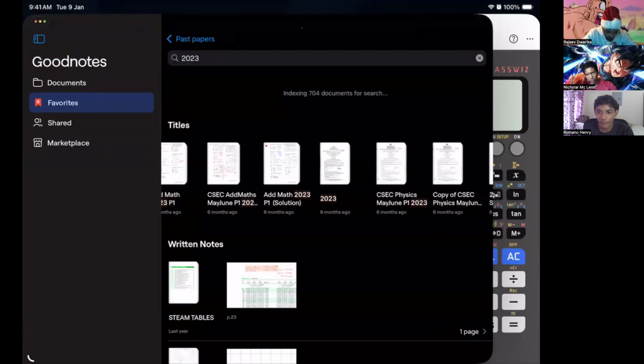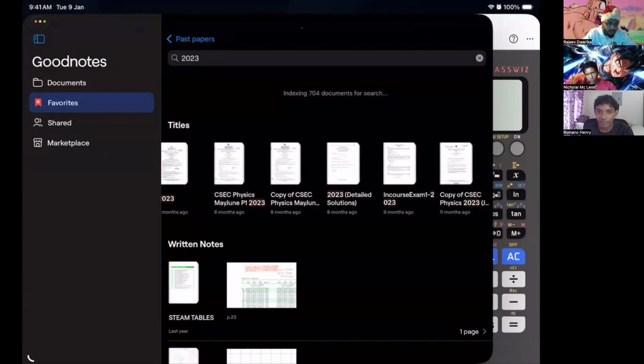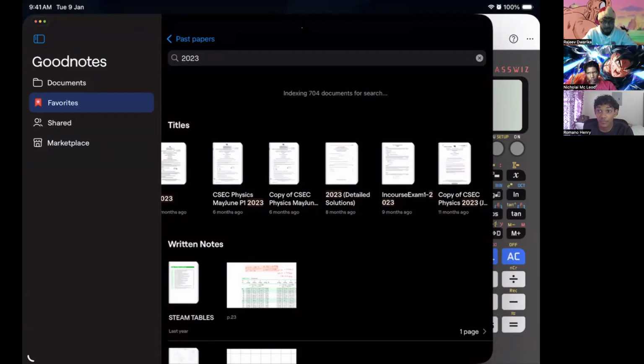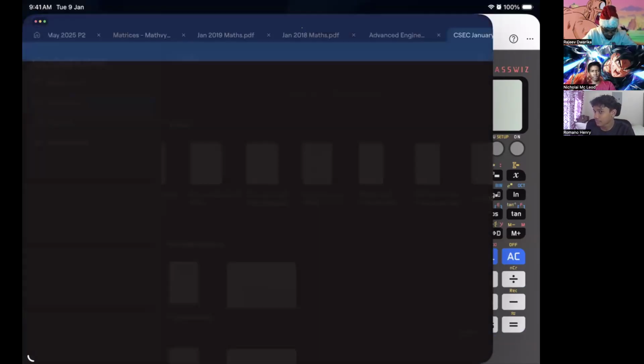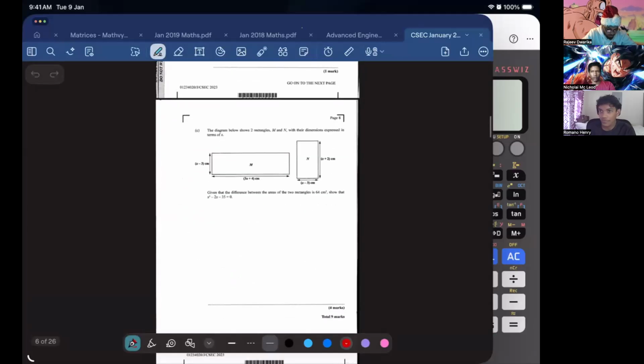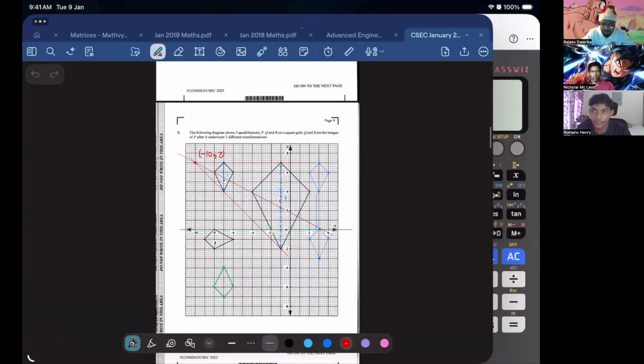Okay. If you compare it to January 2025, I think January 2025 was one of the harder exams. Teachers tell me this year was really hard. June wasn't that bad.